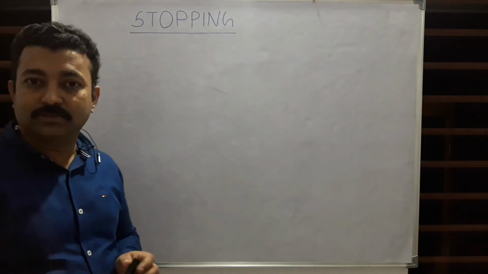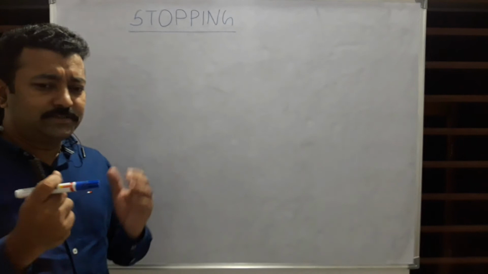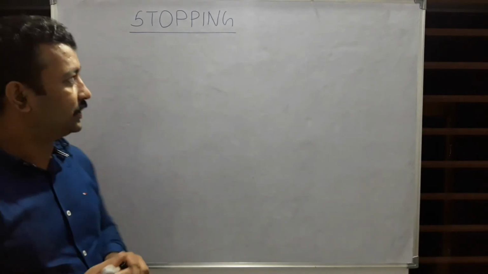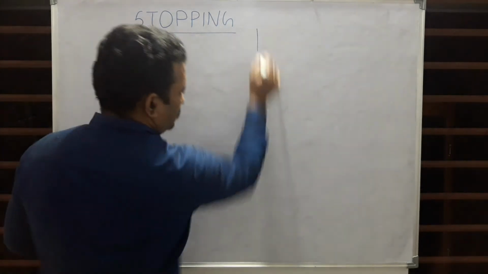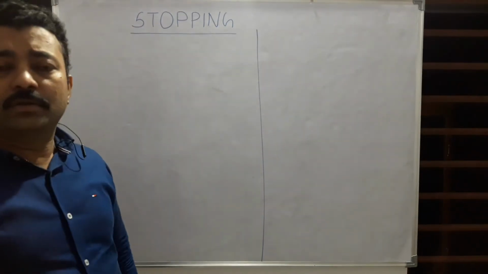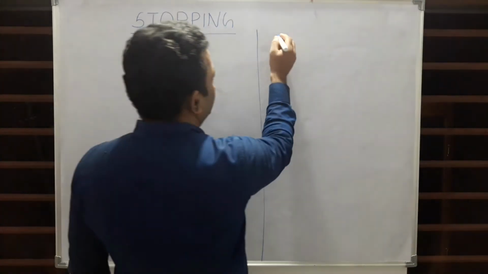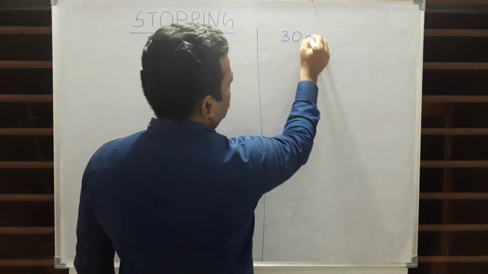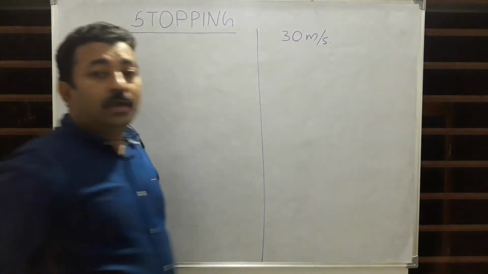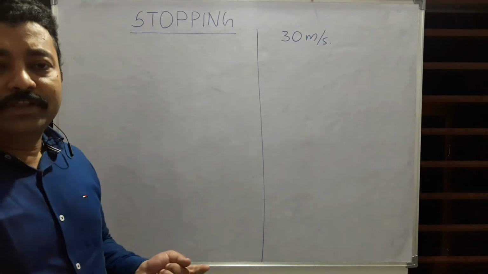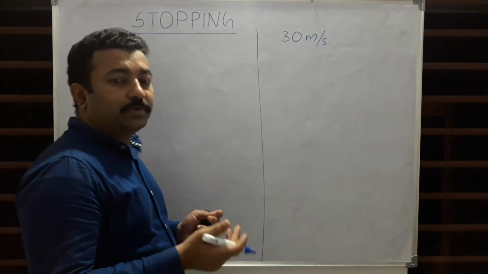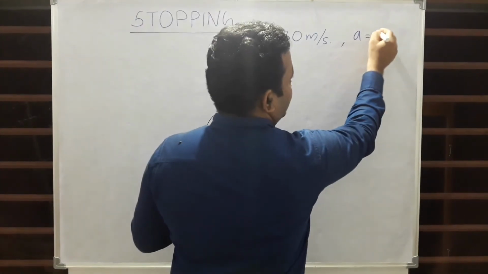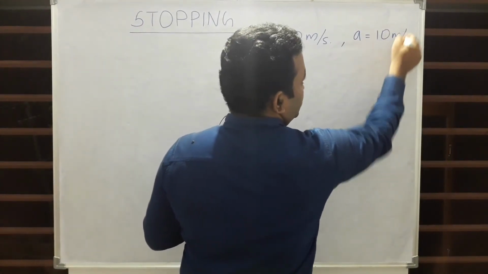So that it will be very easy for us to understand the problem. Just take a case of a car which is moving with a velocity of 30 meters per second. In the problem, it is given that the brakes can be applied and the brakes can offer a retardation of maximum 10 meter per second square.